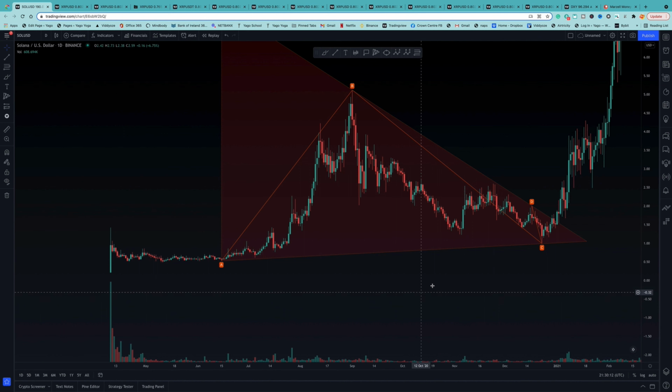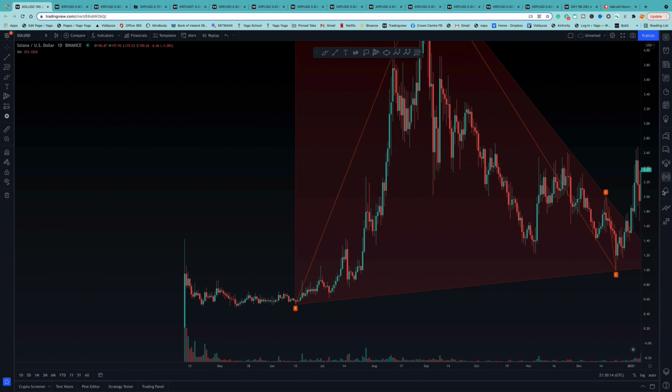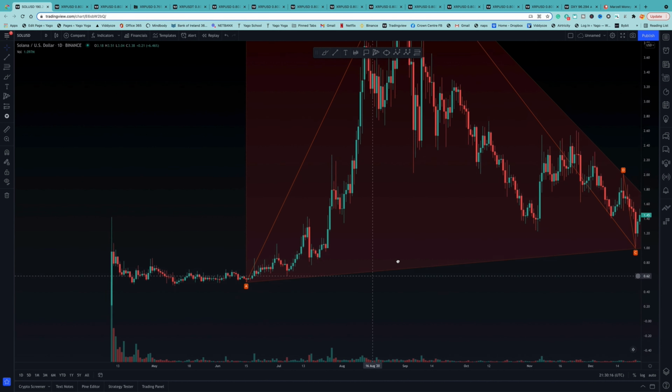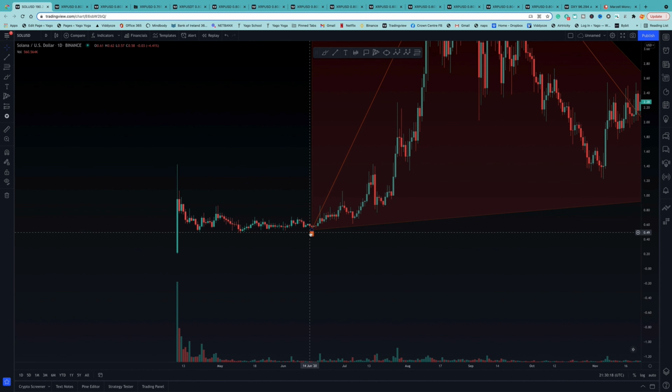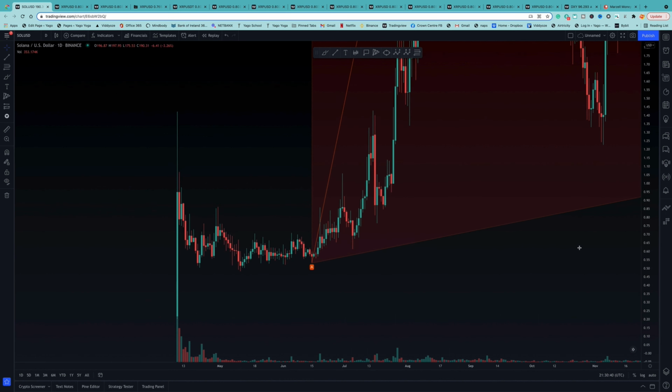Yeah, totally. What I did was I zoomed in. My question is: where's the bottom here where an ABC correction completes itself, and then in Elliott wave, an impulse kicks off. So I would probably put the impulse wave here at 1, 2, and then up it goes.